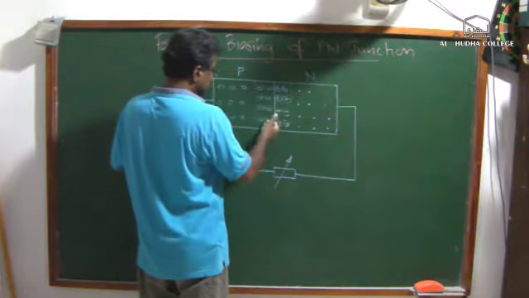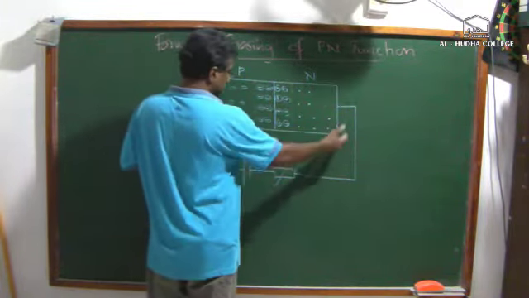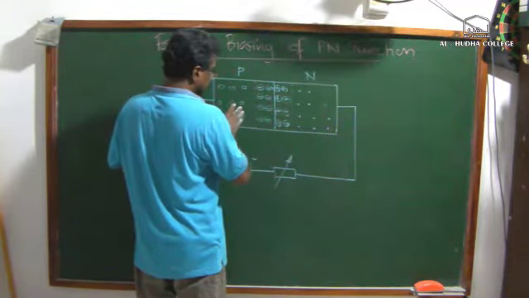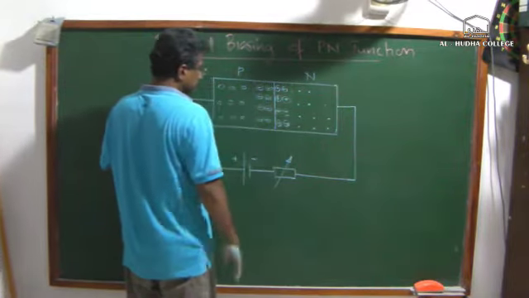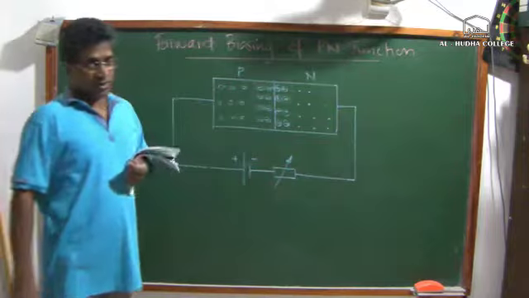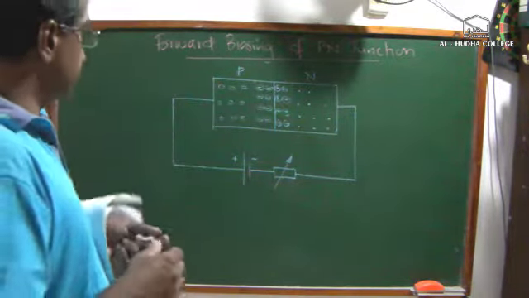So the continuous attraction of electrons on this side and supply of electrons to this side will create electron movement on this side and hole movement on the other side, and electric current will start flowing, right? So this is called forward biasing.